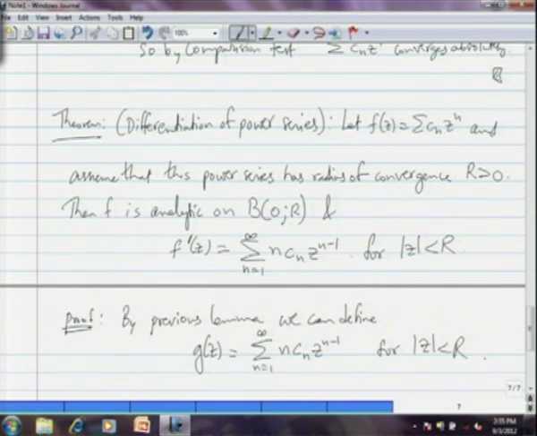So, this definition makes sense by previous lemma, because this series converges with the same radius of convergence.